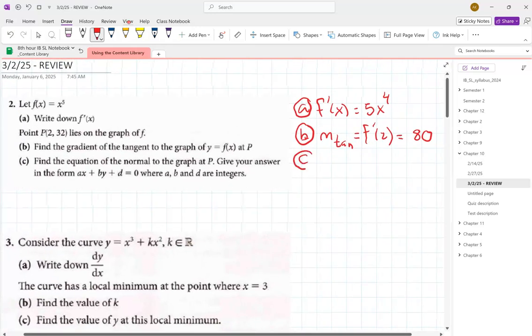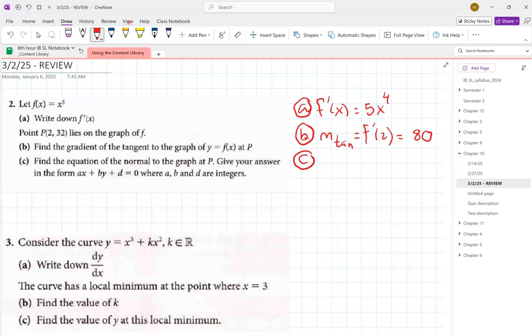And then C says, find the equation of the normal to the graph at P. Give your answer in the form where the coefficients are integers. What does normal mean? Perpendicular. That's exactly right. So my normal slope will be the negative reciprocal. Well done. The point we know is (2, 32), right?